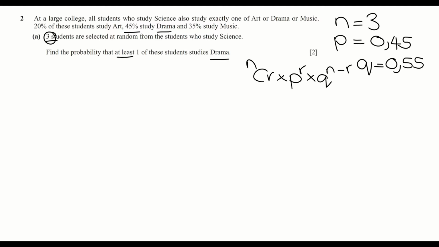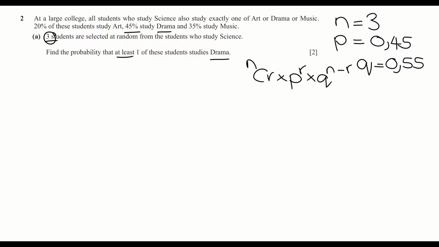We have n, p, and q values, but we still need possible r values. The question says, find the probability that at least one of these students, at least one means one or more, 1, 2, or 3. And you can use 1, 2, and 3 as possible values of r.